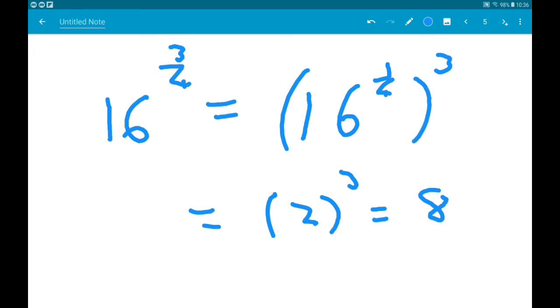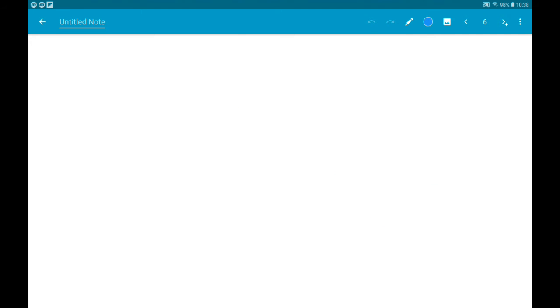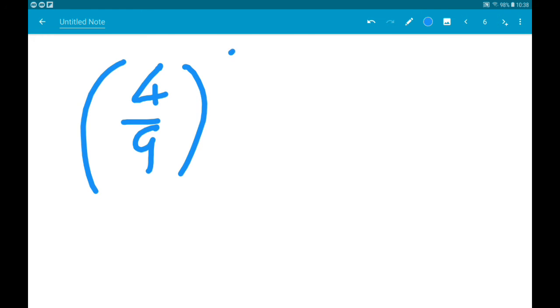Okay, now let's stick some fractions to the power of fractions. Okay then, let's start with something like 4/9 to the power of 1/2. So all that means is 4 to the half over 9 to the half.